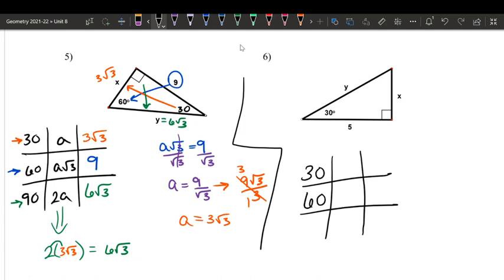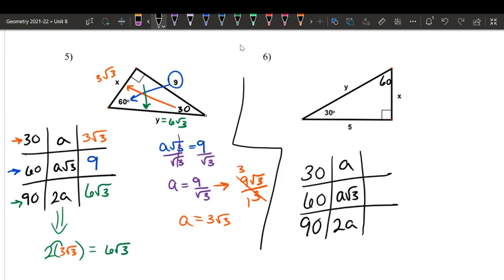30, 60, 90, A, A square root 3, 2A. 30, 90, so 60 up here. I feel like with the 30, 60, 90, it helps to fill in the missing angle. Because sometimes it's the 60 that's missing and sometimes it's the 30.